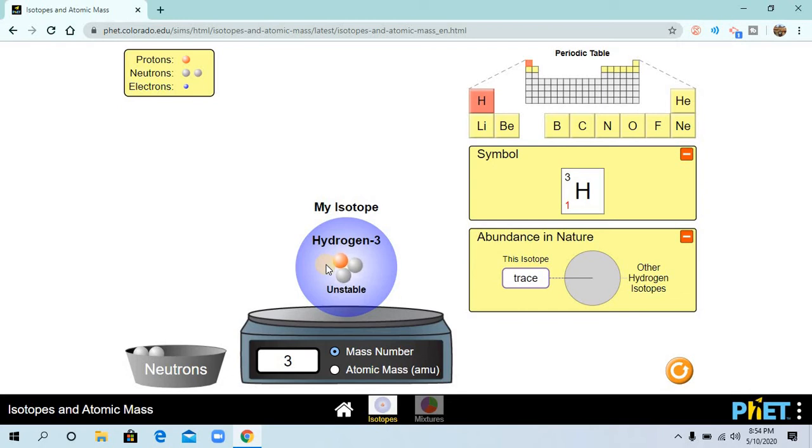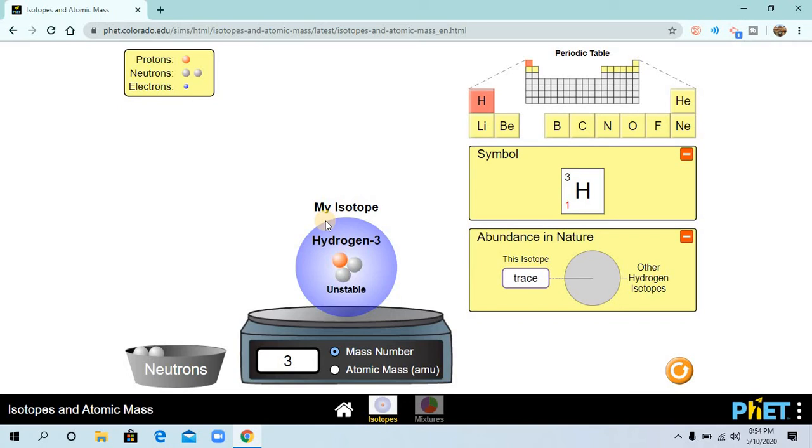Now see here, hydrogen 3 means there are two neutrons, one proton and one electron. Since the number of electrons and protons is 1, the atomic number is 1, but we are adding neutrons. As a result, the atomic mass of hydrogen is increasing, and we call that an isotope.